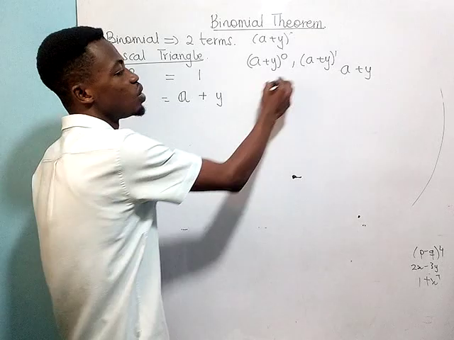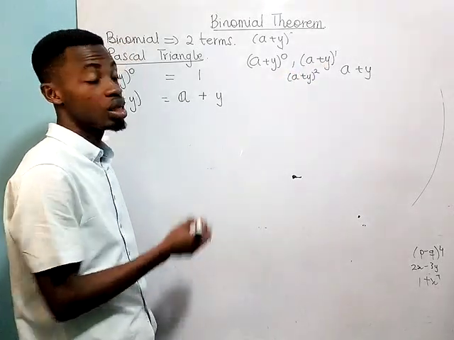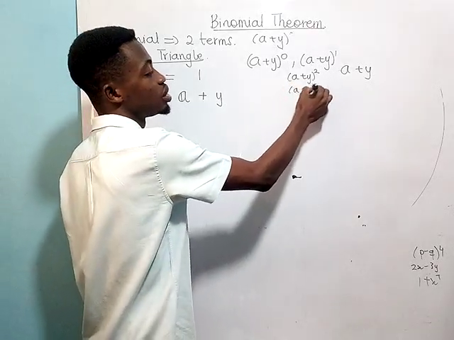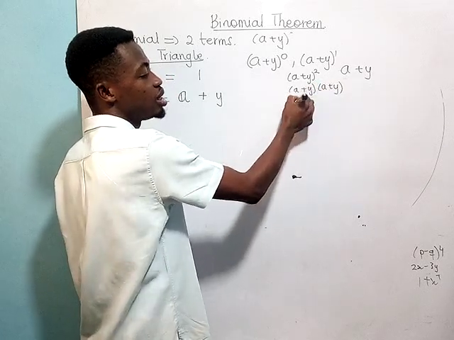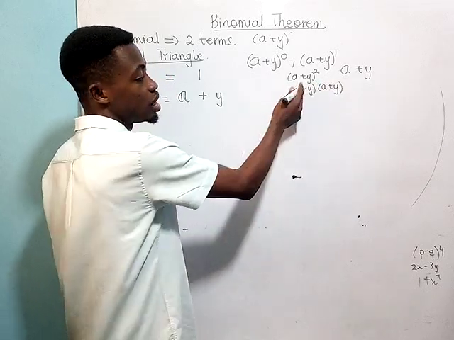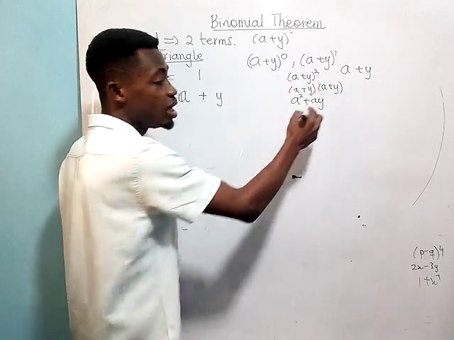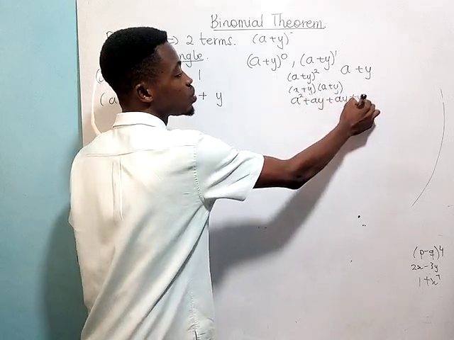Let's continue. When we pick a plus y to the power 2, when it is expanded, you have a plus y times a plus y. Then a times a gives us a squared. A times y gives us ay. Y times a, ay. And y times y gives us y squared.